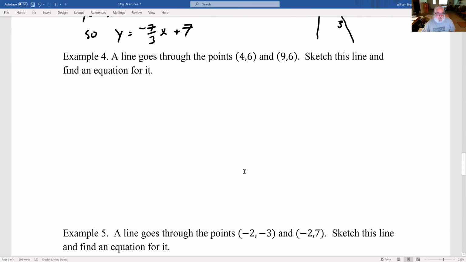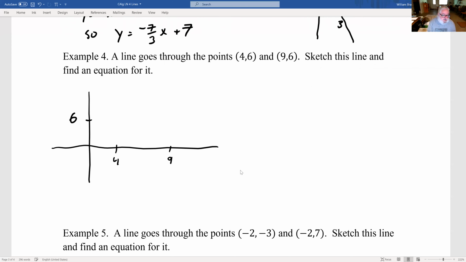So how about this one? This is a special kind of line. A line goes through the points 4, 6, and 9, 6. So what does that look like? Well, x is 4, x is 9, y is 6. We have a point here and a point here. What's the line that goes through those 2 points? It's actually a horizontal line.